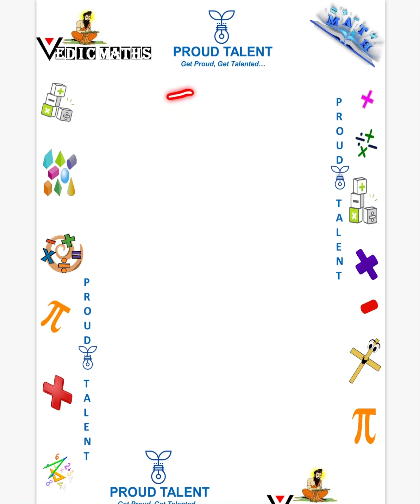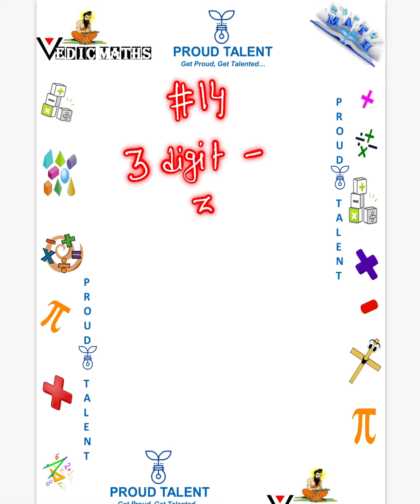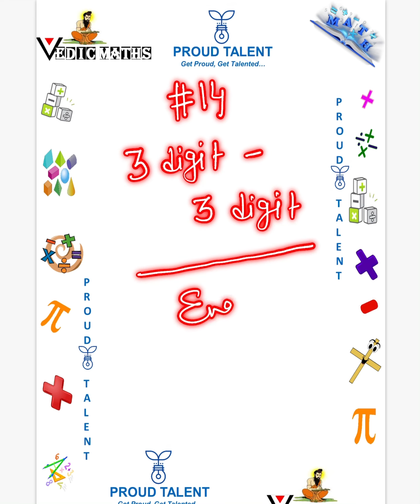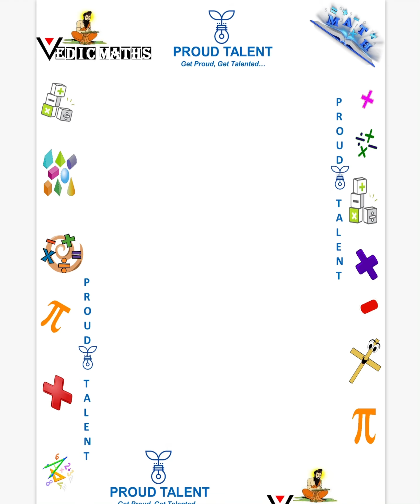This is our lecture number 14, and in this lecture we are going to discuss subtraction of 3 digit minus 3 digit, and this whole lecture you will get in English version. So students, let us start then.